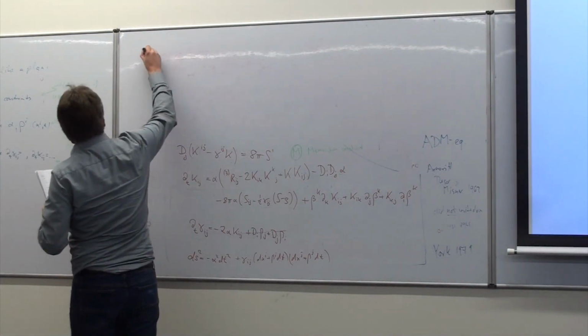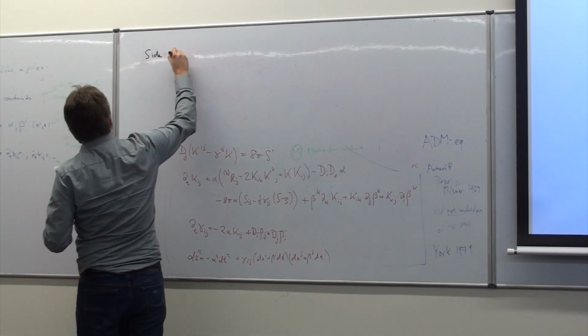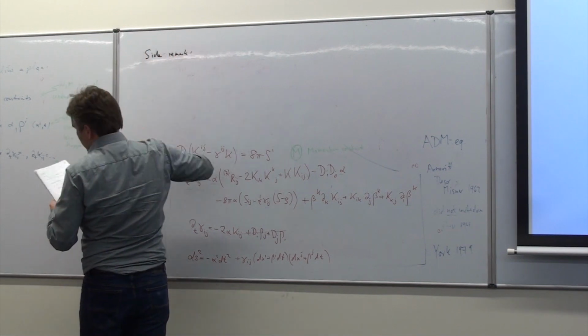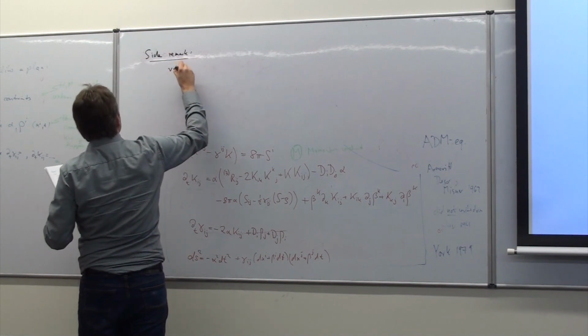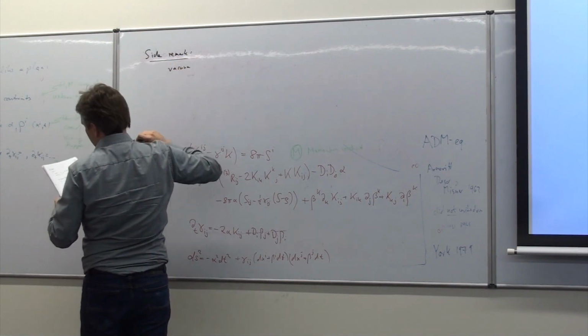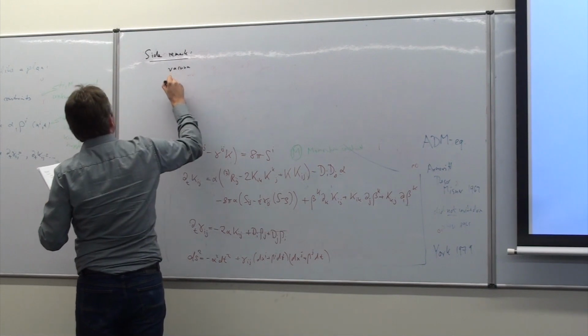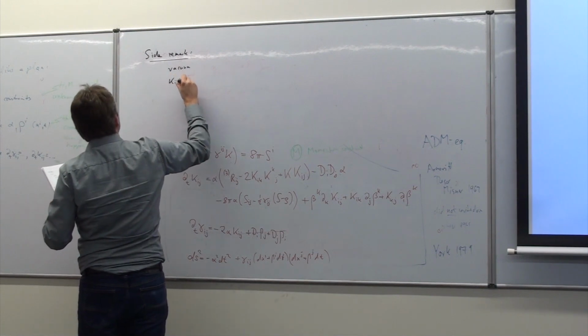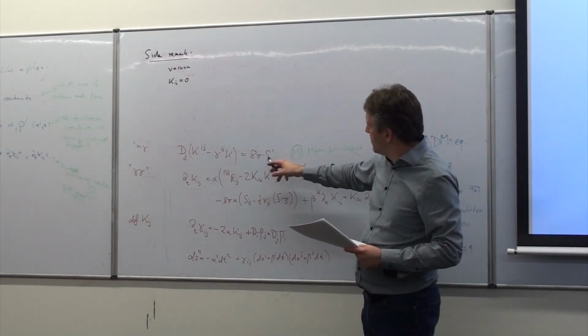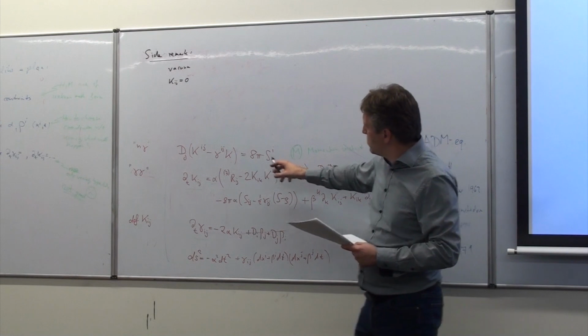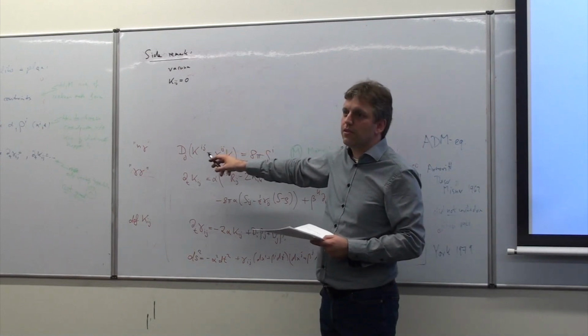Okay, my side remark is as follows. Let's pick vacuum, and let's pick K ij equals 0. So vacuum means the right-hand side here is 0. K ij equals 0 means the left-hand side is 0.